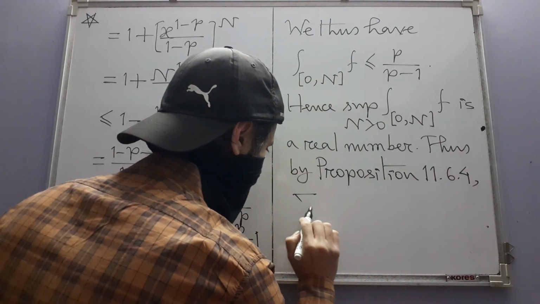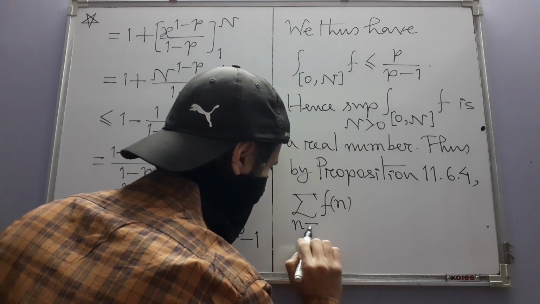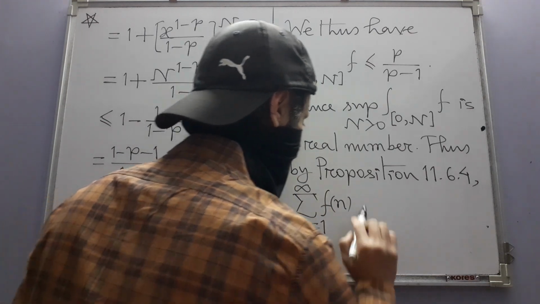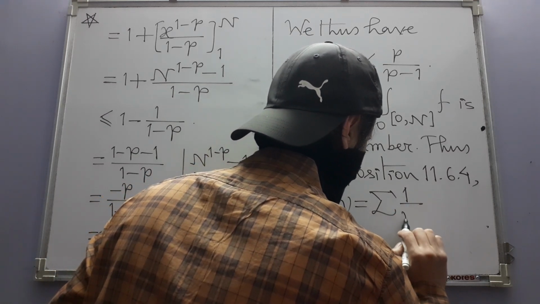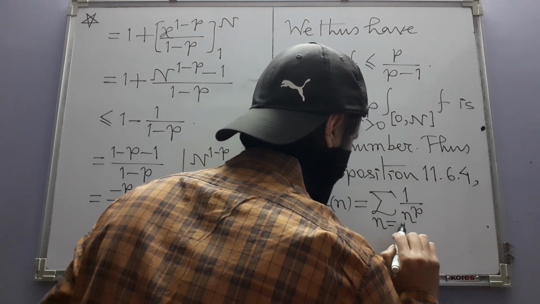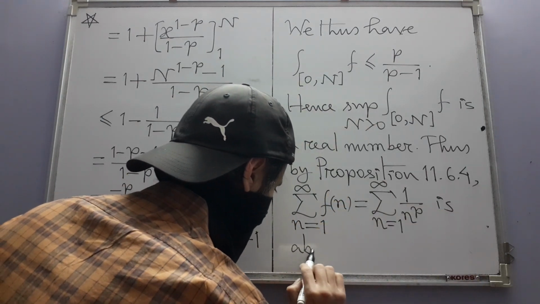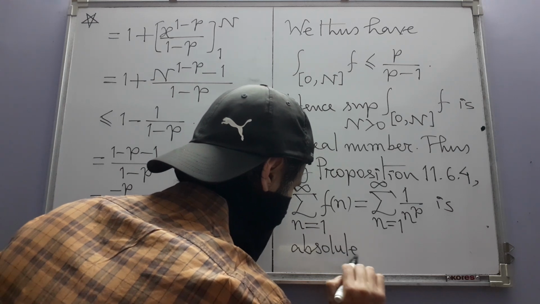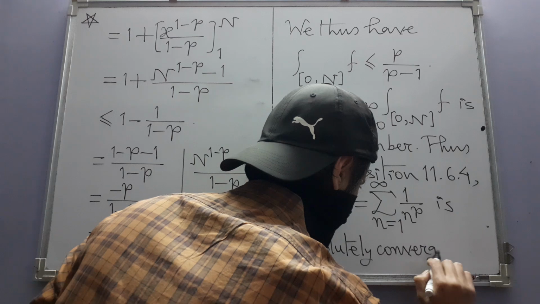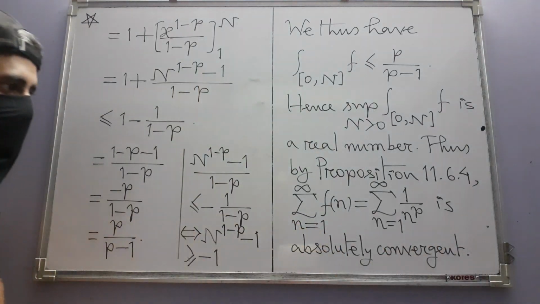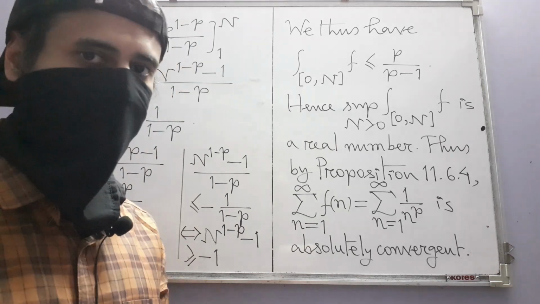The series summation f of n, where n varies from 1 to infinity, which is just this series, is absolutely convergent. Actually, because all the terms of this series are positive, convergence and absolute convergence are identical.